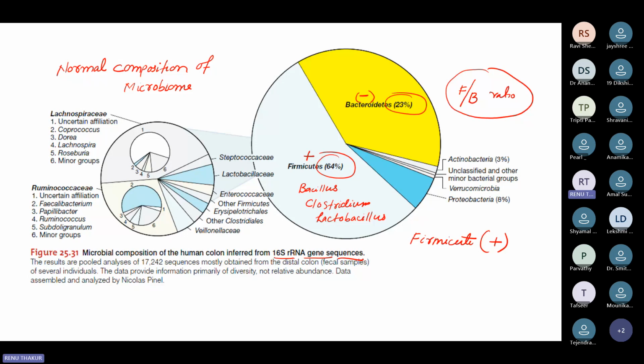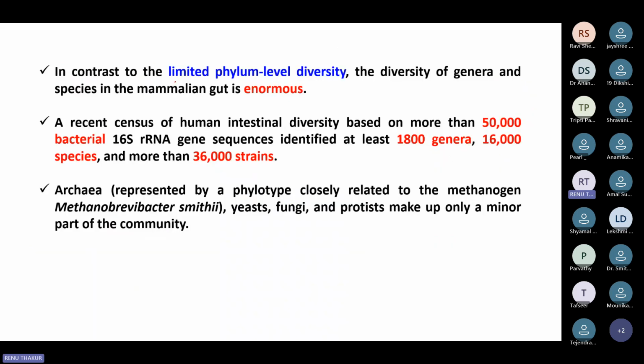In contrast to limited phylum level diversity, the diversity of genera and species in the mammalian gut is enormous. There are different kinds of species and genera in a single mammalian gut. As per 16S rRNA gene sequencing, the data is about 1800 genera, 16,000 species, and more than 36,000 strains of normal intestinal diversity.